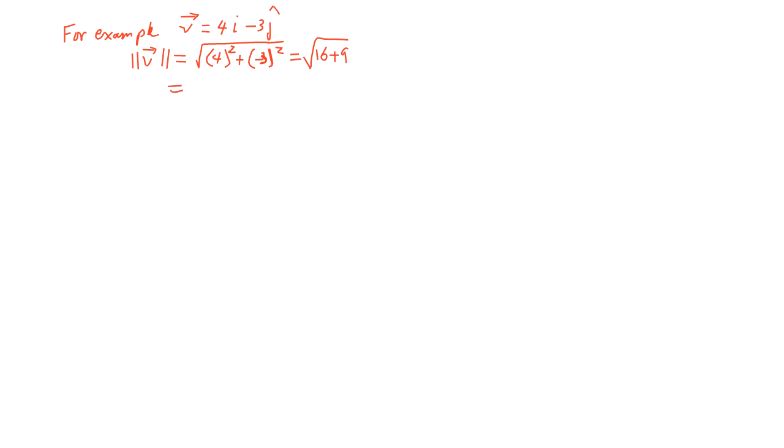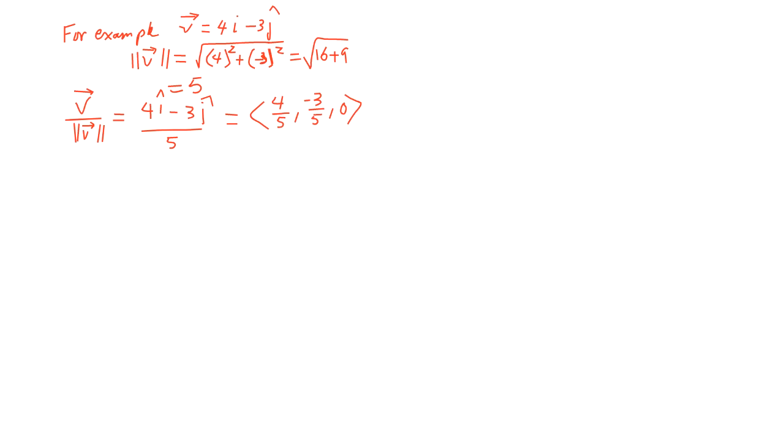This is 5. Yes, 5. Now, if you divide V over norm of V, the answer must be a unit vector. Let us check. Divide 4i minus 3j by 5. The answer would be 4 over 5 and minus 3 over 5 and 0.